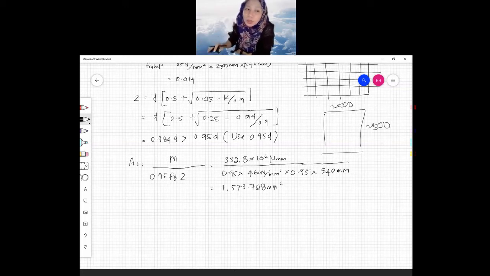So as usual, when we get this, we need to refer to the table. But before we refer to the table, there is something we must make sure, because we want to know how our reinforcement is going to be arranged.